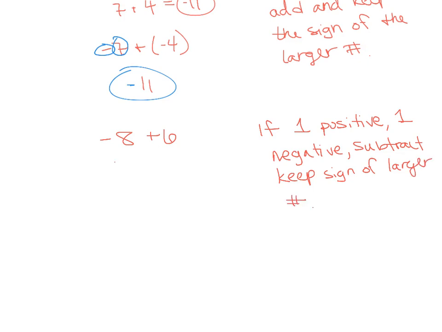So we're going to do 8 minus 6, because when you subtract, you do the bigger minus the smaller, equals 2. 8 is the larger number, and it has a negative sign, so we're going to keep the negative: negative 2. Okay?